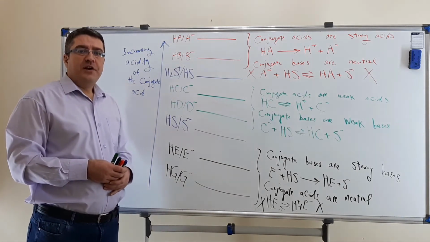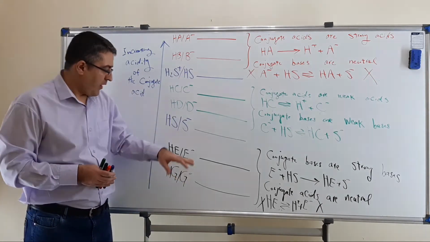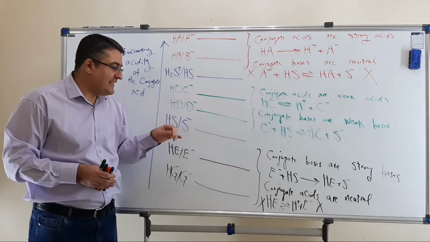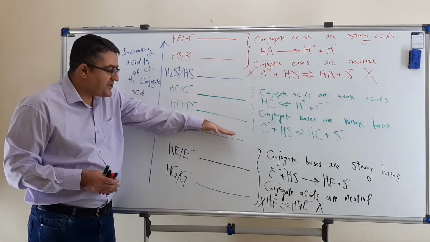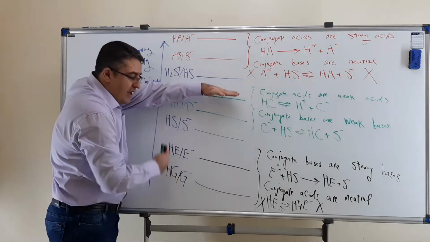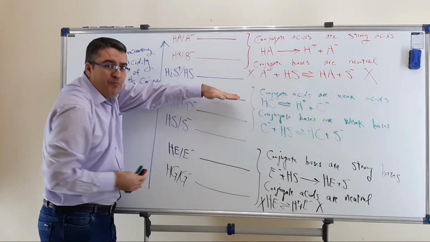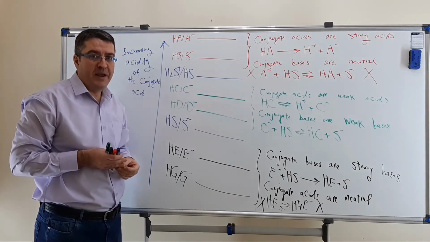Here we have a very important discussion. Here we can see that if the acidity of the solvent HS increases, the solvent can be a leveling solvent for more bases. It can be a leveling solvent for weaker bases.